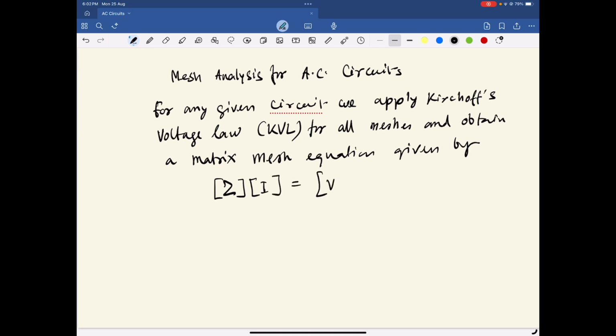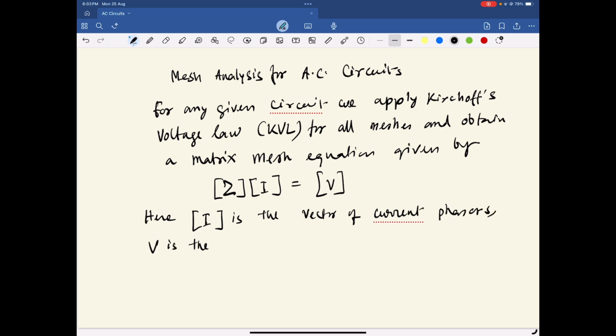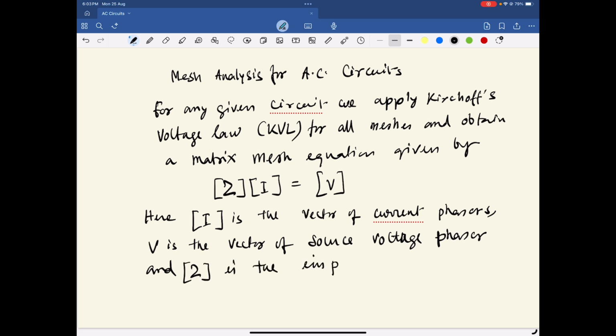So as I have written, impedance matrix into current matrix is equal to voltage matrix. I is the vector of current phasors, V is the vector of voltage source phasors, and Z is the impedance matrix. Using Cramer's rule, we can find the unknown currents, that is I1, I2 and I3.